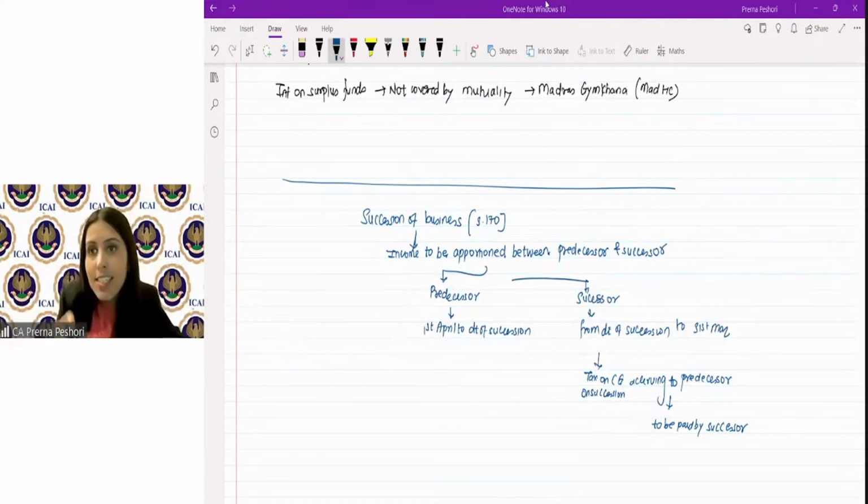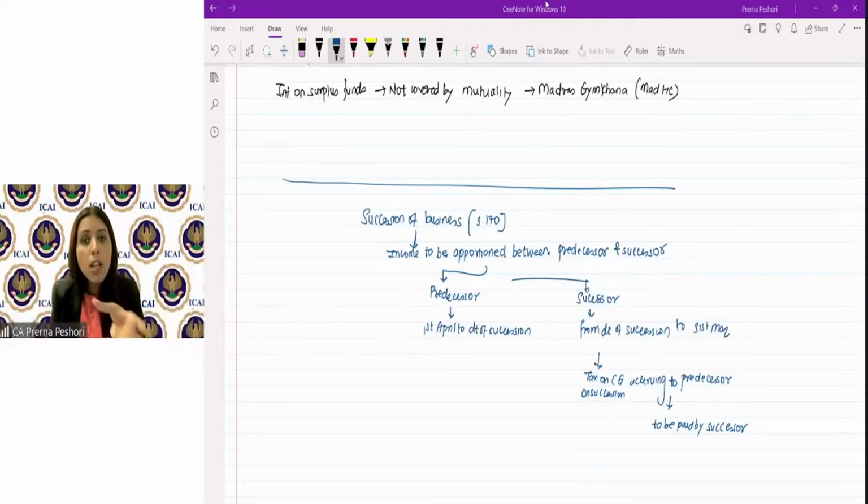Then the successor entity will furnish a modified return within 6 months from the end of the month in which the court order is issued. Okay, so then the assessment will happen on the basis of the modified return.